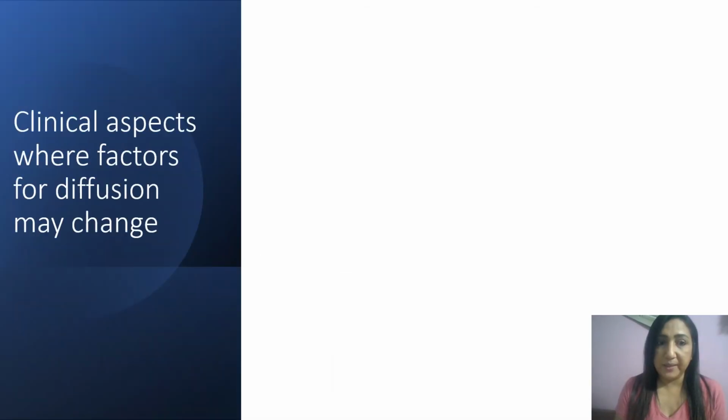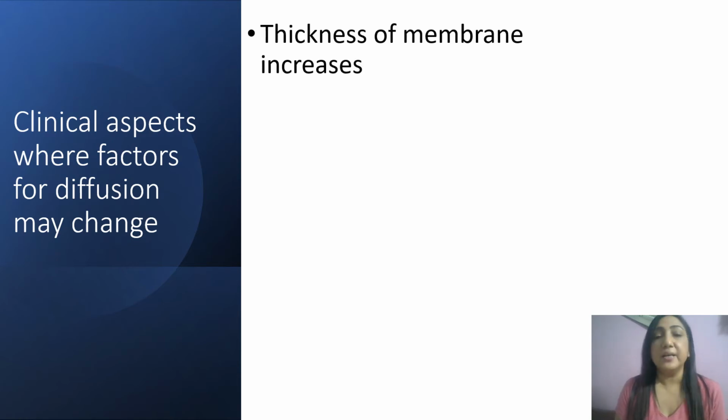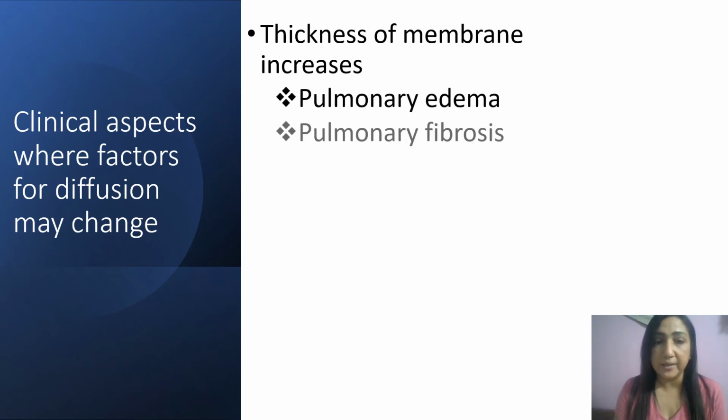Now the clinical aspects where diffusion may change. What happens if the thickness of the membrane is increased? Pulmonary edema is one clinical situation, then pulmonary fibrosis: the thickness increases, so diffusion decreases.